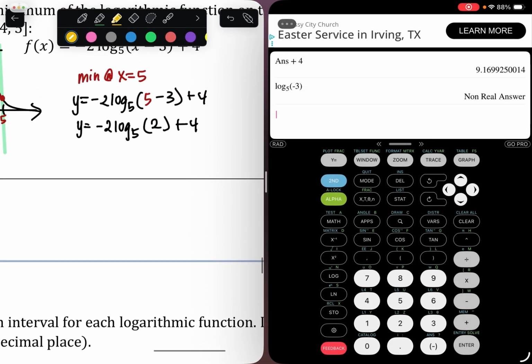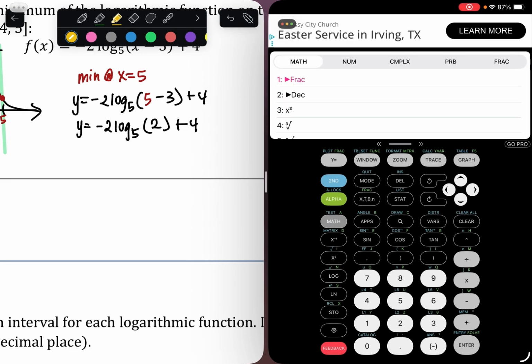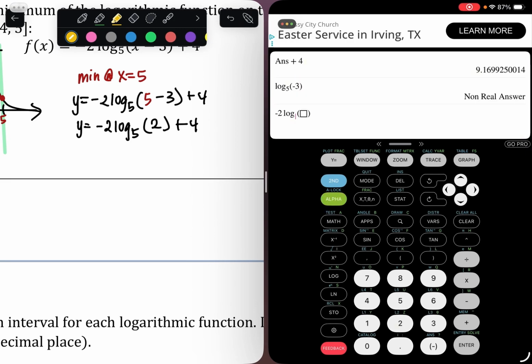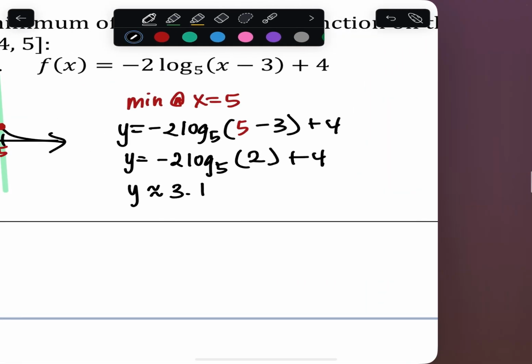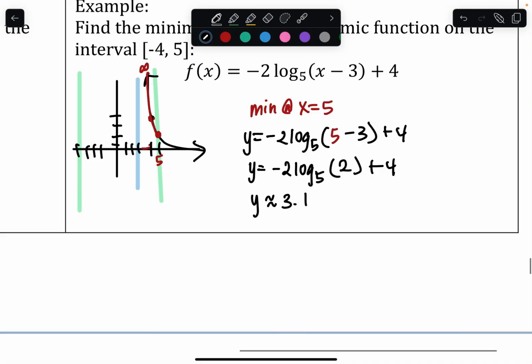Okay, and so -2 log base 5 of 2, outside the parenthesis, plus 4. And so this value is approximately 3 point, and usually they have 1 decimal point, so we'll do 3.1. And so the minimum value would be 3.1.